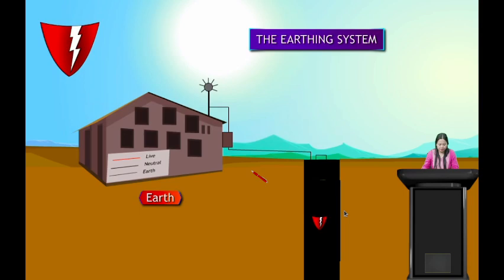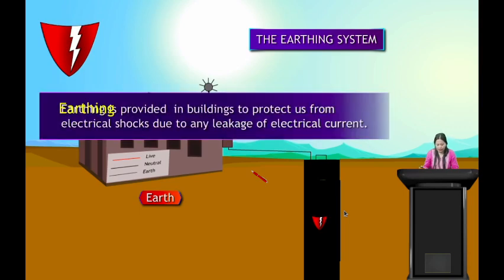Let us see the earthing system. Earthing is provided in buildings to protect us from electrical shocks due to any leakage of electrical current.